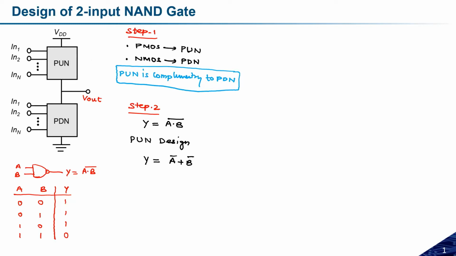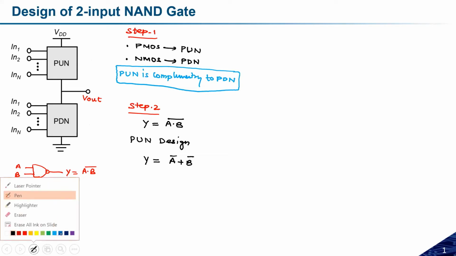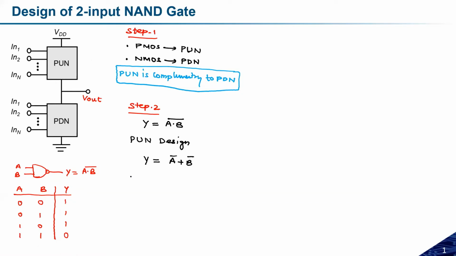The second thing we need to do: if I'm talking about the pull-up network, there are two important things that you should know. The first important thing is, if I'm considering PMOS for the design, because yes, in the pull-up network we consider PMOS, the input will be opposite to the expression.